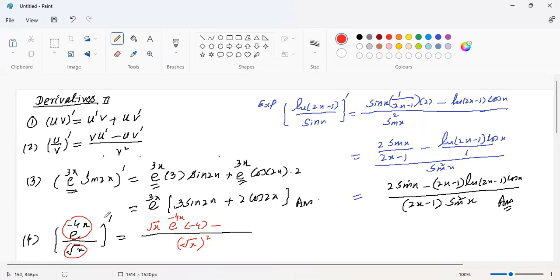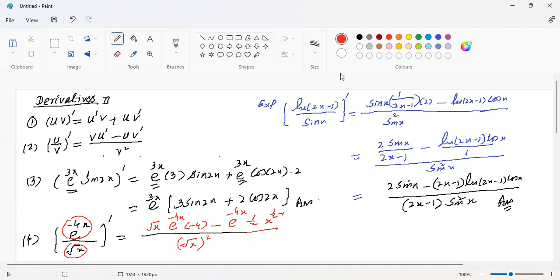Minus, now you keep this as it is, e power minus 4x, and find the derivative of the denominator, which is half x raised to power 1 by 2 minus 1. So the differentiation is completed.